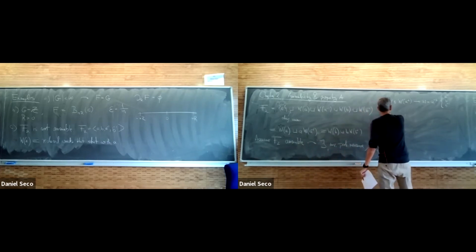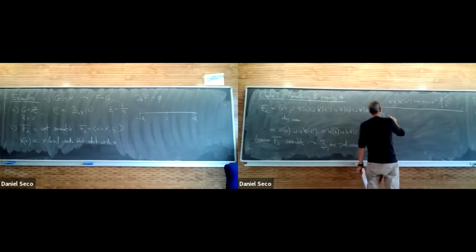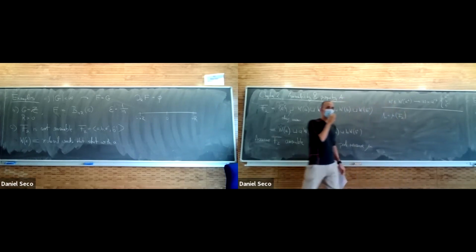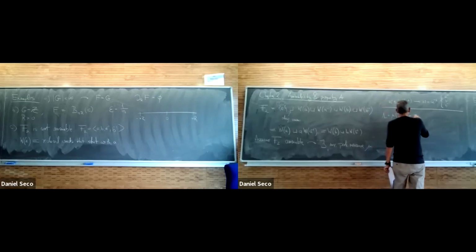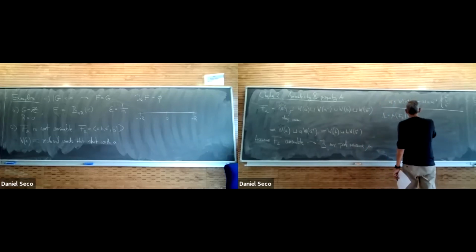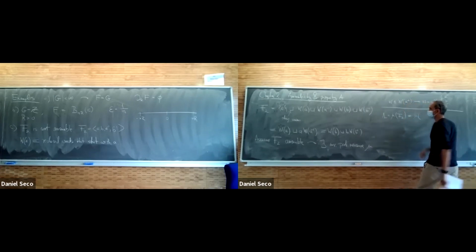Okay, what happens with that? It's a probability measure. The full group measures 1. And this is, how do I do it? Okay.